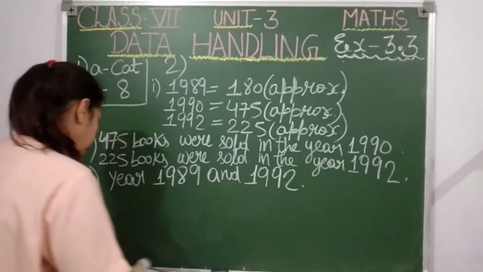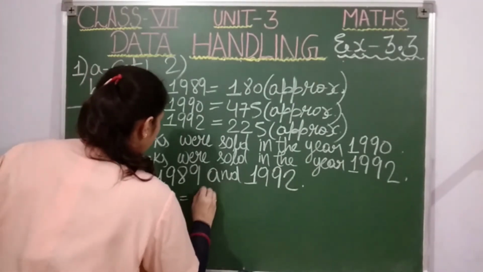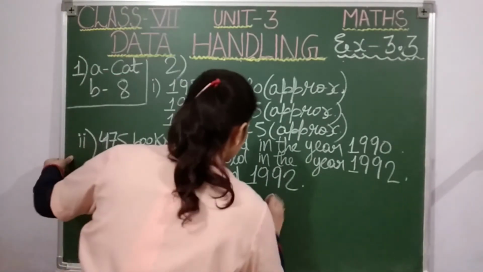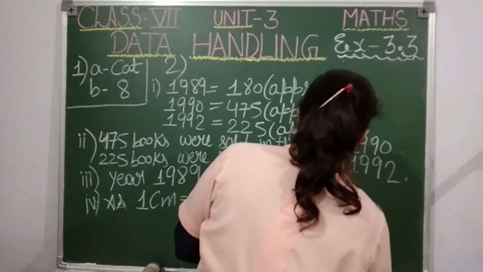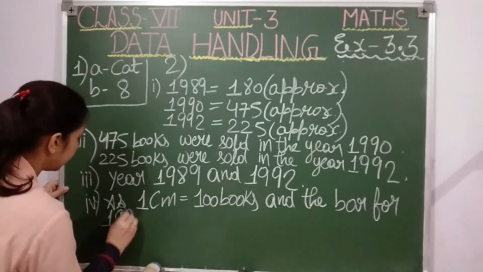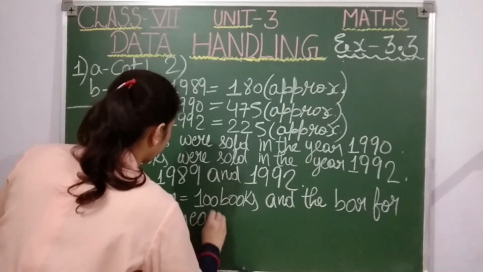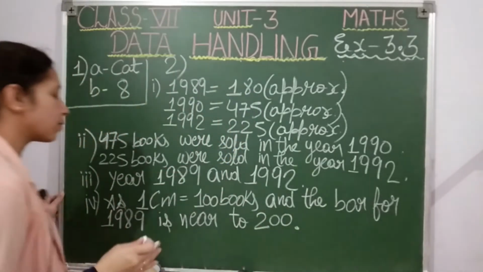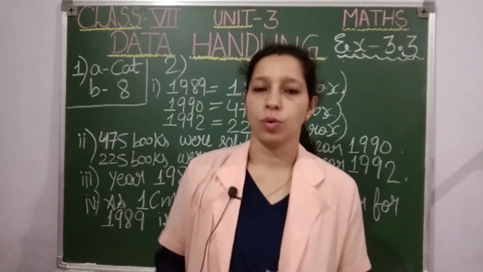So here we are going to write: 1 centimeter is showing 100 books and the bar for 1989 is near to 200. That's all. So we have estimated. Clear, students?